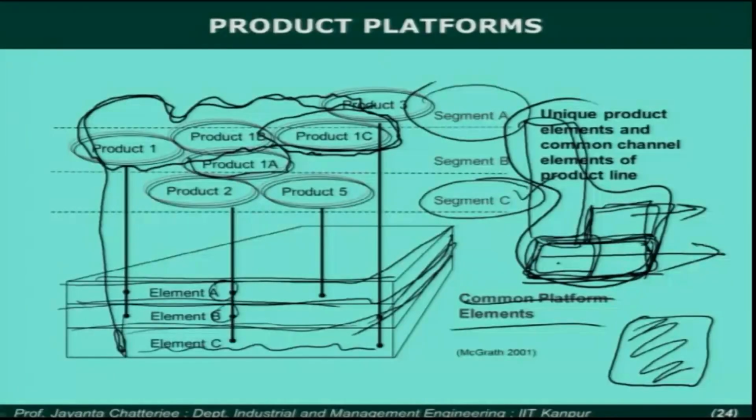So, this is what we will call creating a product portfolio using the power of product platforms and modularity, so that very quickly we can address different types of market segments.